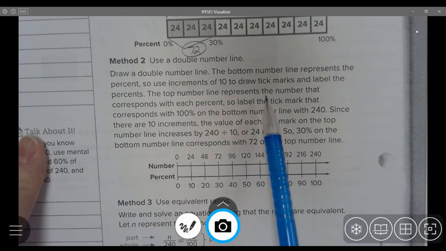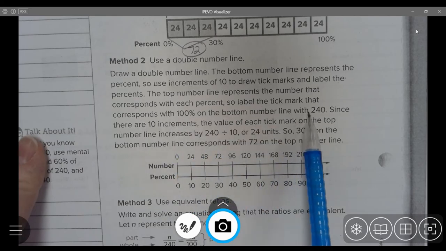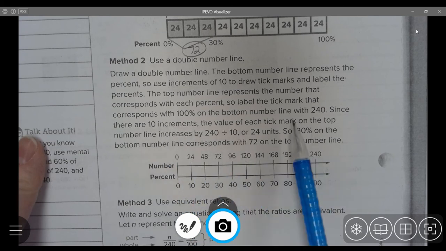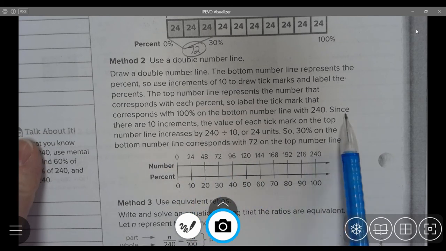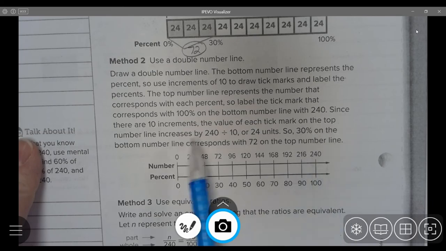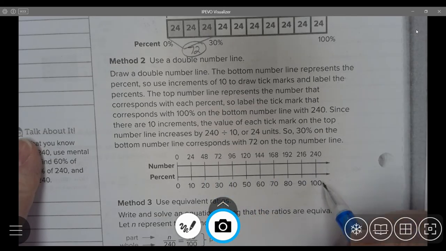The top number line represents the number that corresponds with each percent. So label the tick mark that corresponds with the 100% on the bottom line with a 240. Since there are 10 increments, the value of each tick mark on the top number line increases by 240 divided by 10, or 24 units. So if I have 100%, it's going to be 240.